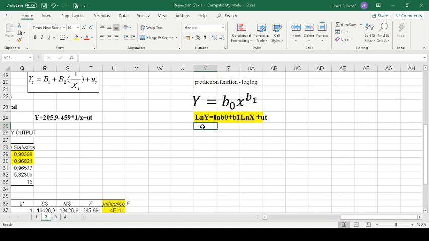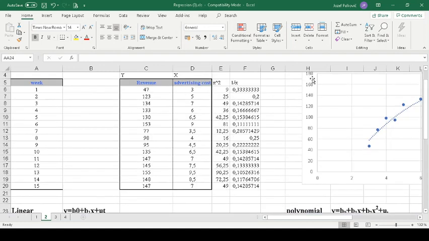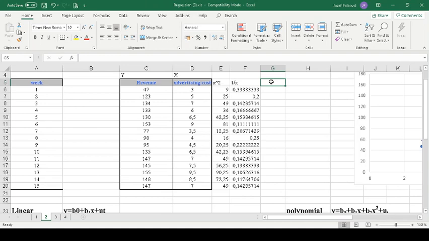Once again, it will be necessary to select variables which are in this function on the left side and right side. You can see there is the logarithm of the dependent variable and the logarithm of the independent variable, which means that we need to create first the logarithm of the dependent variable, then the logarithm of the independent variable.